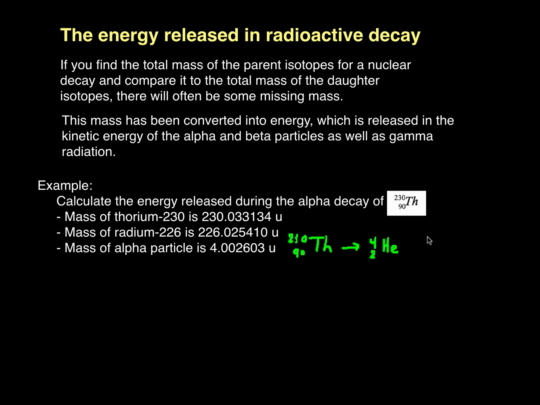The atomic number decreases by 2, so we have a daughter isotope of 226, and an atomic number of 90 minus 2 is 88. This is radium, Ra. The mass of the parent isotopes is just the mass of thorium, which is 230.033134 atomic mass units.